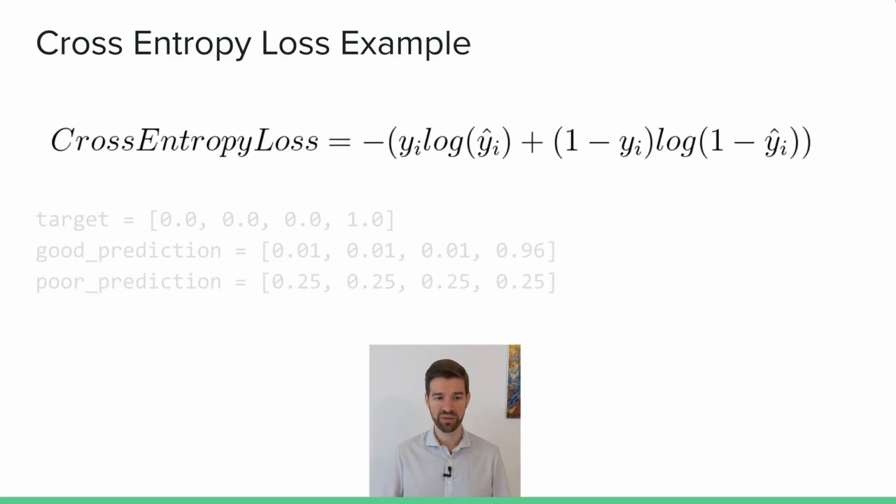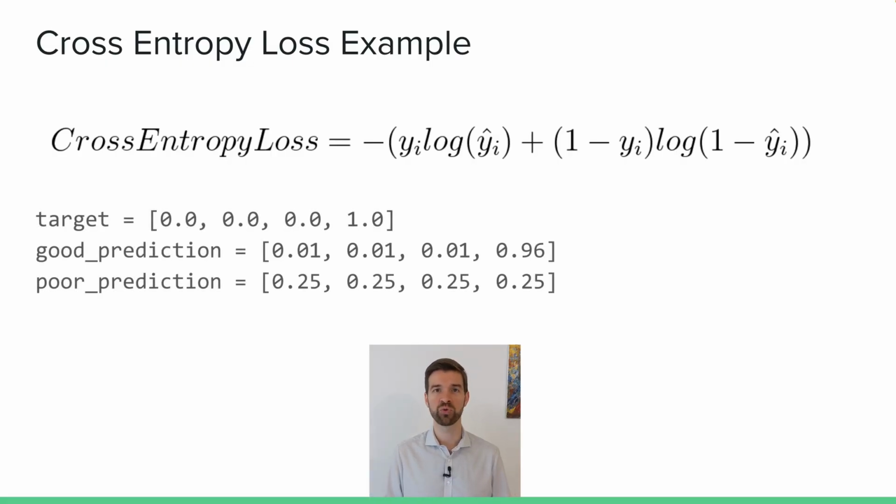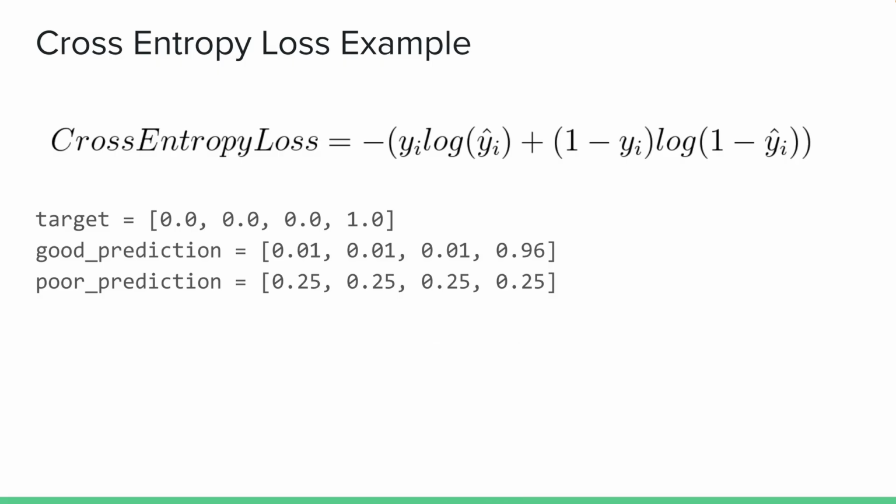Let's put in some numbers to actually make this a bit clearer. So this is our formula, and here we have two different predictions for the following target. You see that I have a classification problem, and there is a so-called one-hot encoding. So I have 4 different classes, and whichever class is the true one will get a 100% probability. The predictions are now trying to mimic the same output.